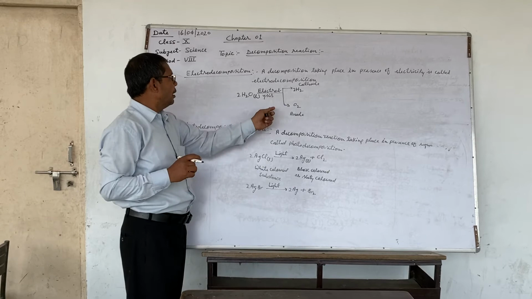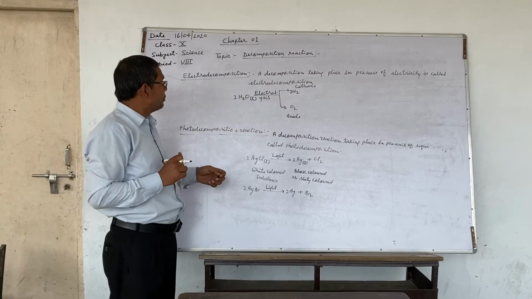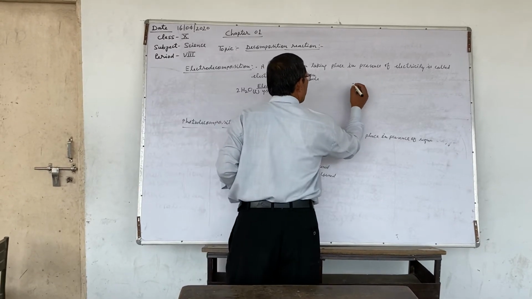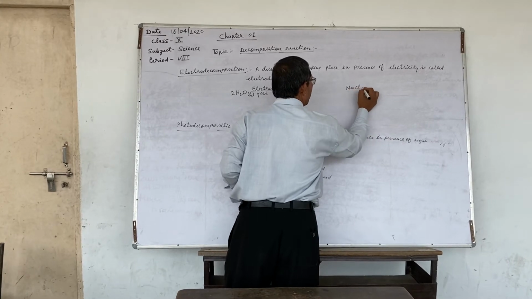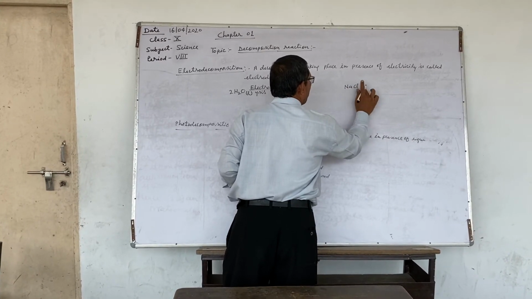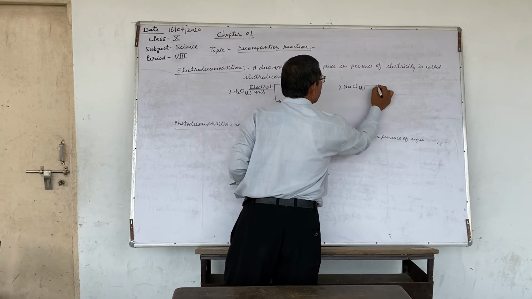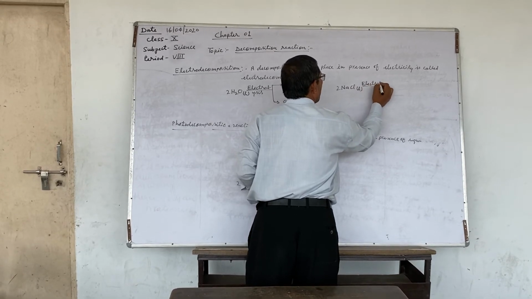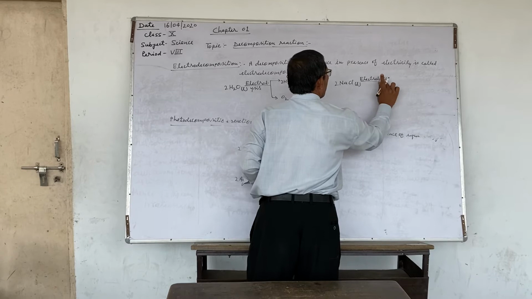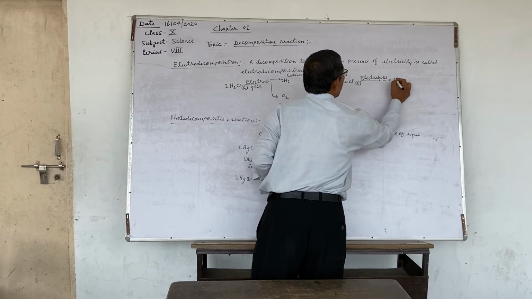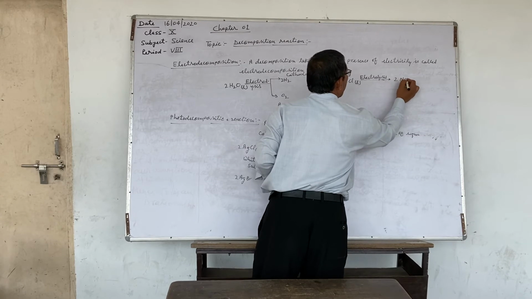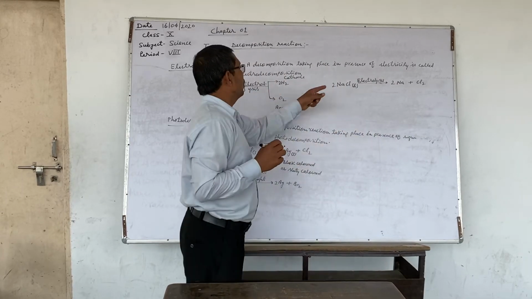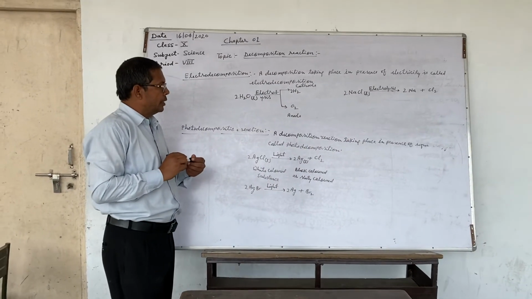That is, electrolysis of water is an example of electrodecomposition. You can take another example of electrodecomposition: when molten sodium chloride is electrolyzed, we get sodium metal plus chlorine gas. So these two are examples of electrodecomposition.